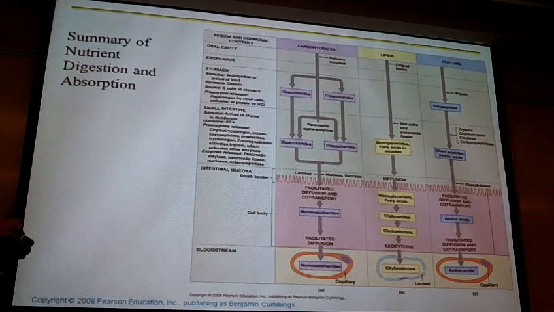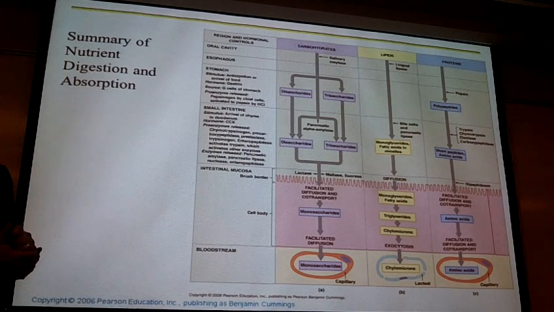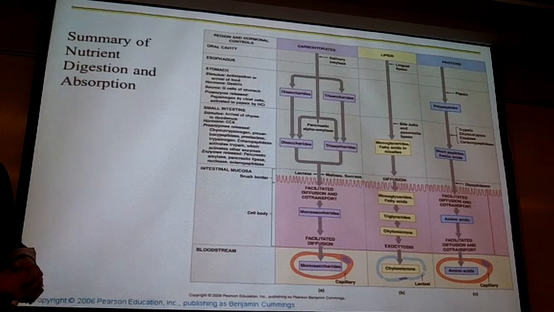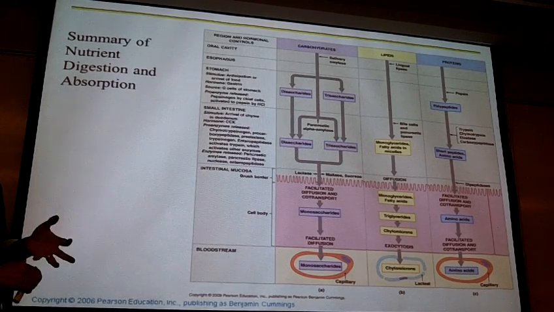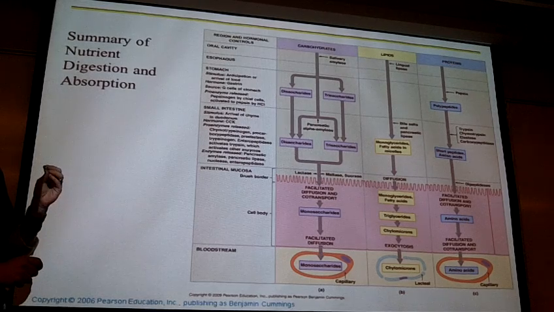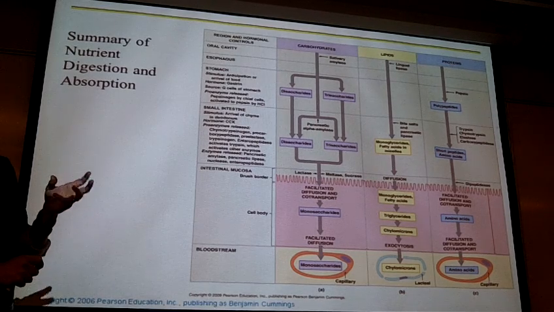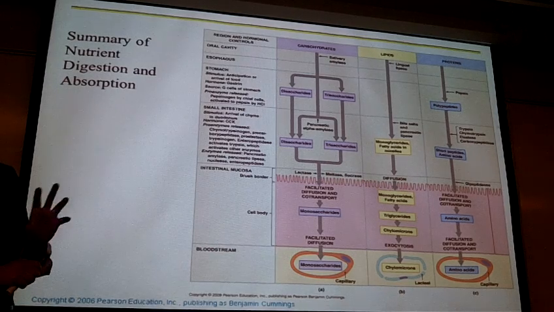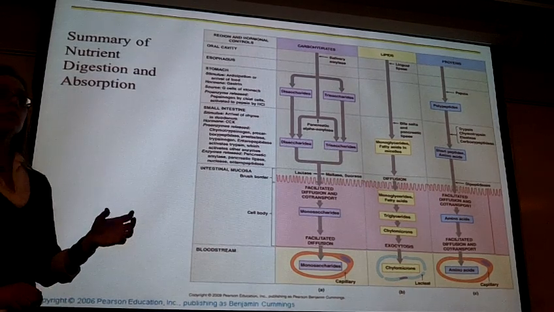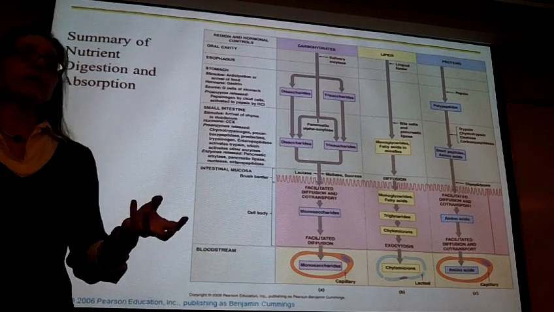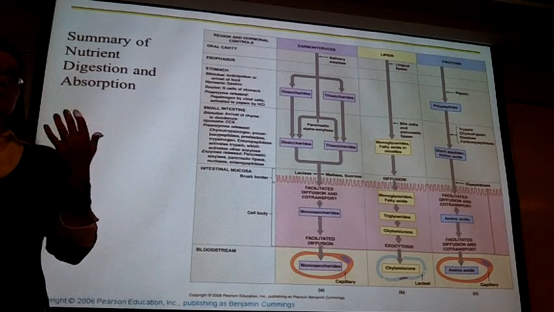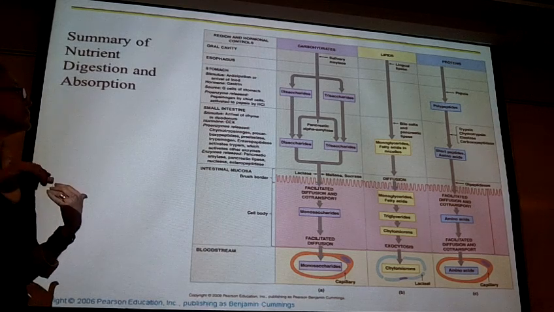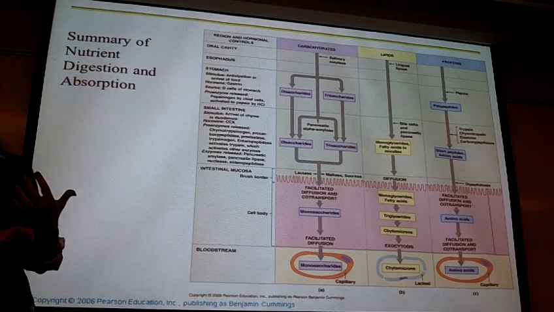Yeah. With people who are lactose intolerant, are they just missing lactase? That's exactly right. Either they're missing it completely or it's not very efficient. Could be that they just have less of it than somebody else, they're not making as much, or it's just not as effective. So they can't break down lactose, which is the sugar that is in milk products.